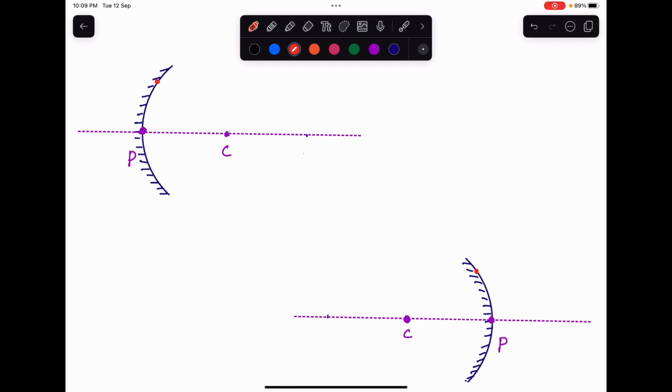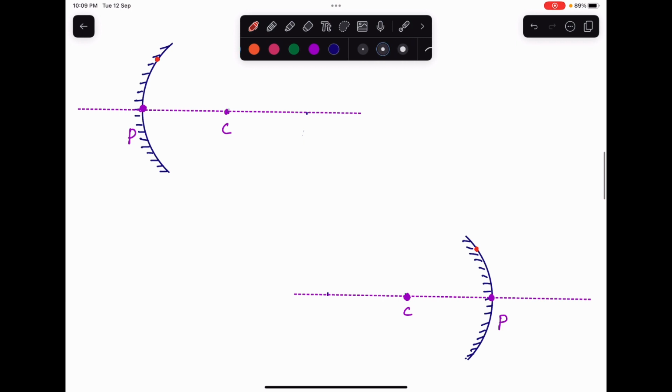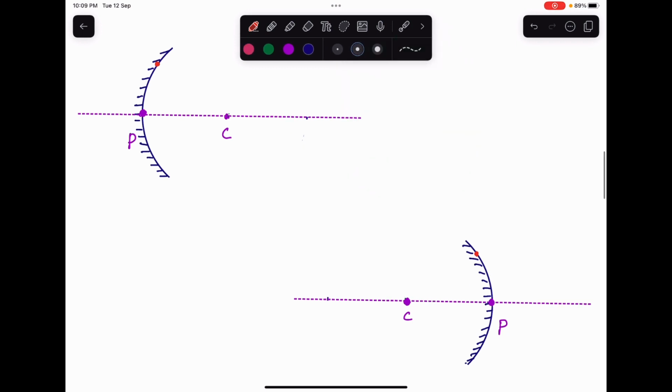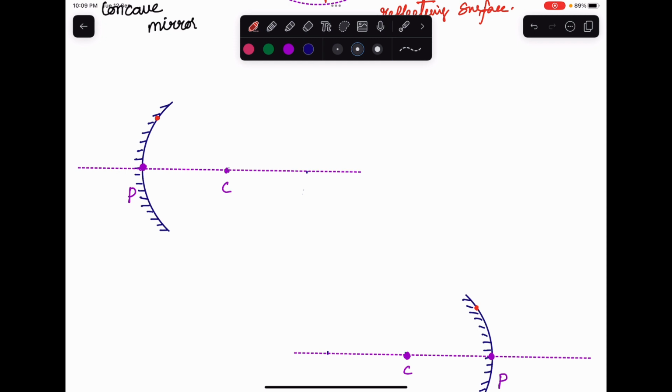Now if I draw a line passing through the center of curvature and any point on the spherical mirror, I can say that is your point of incidence.